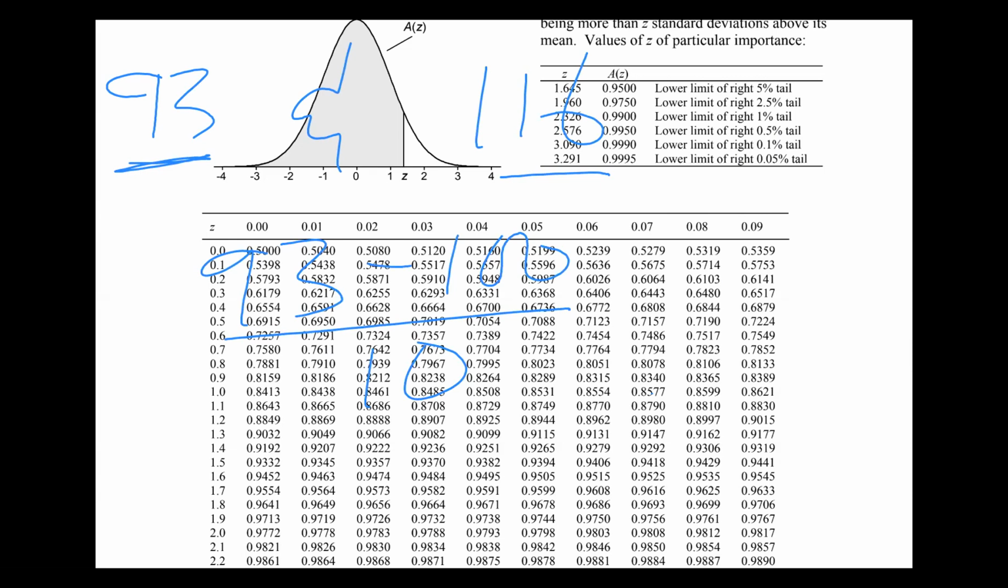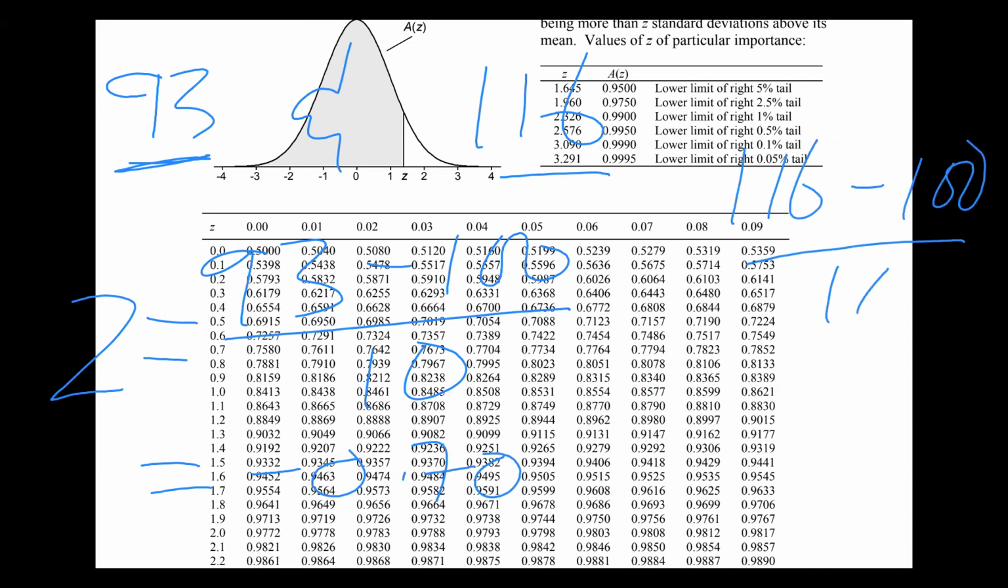Yes, sir. We're still doing the same conversions. What do you get as your Z value? Minus 0.7, isn't it? Then what about this one? 116 minus 100 divided by 10.